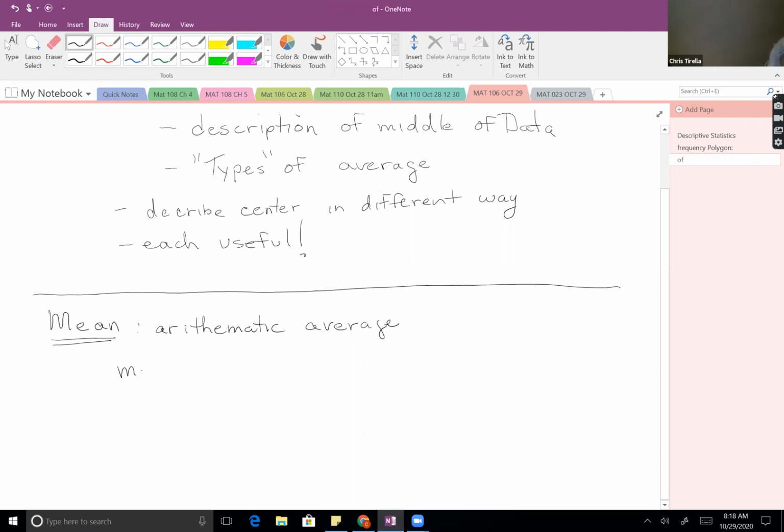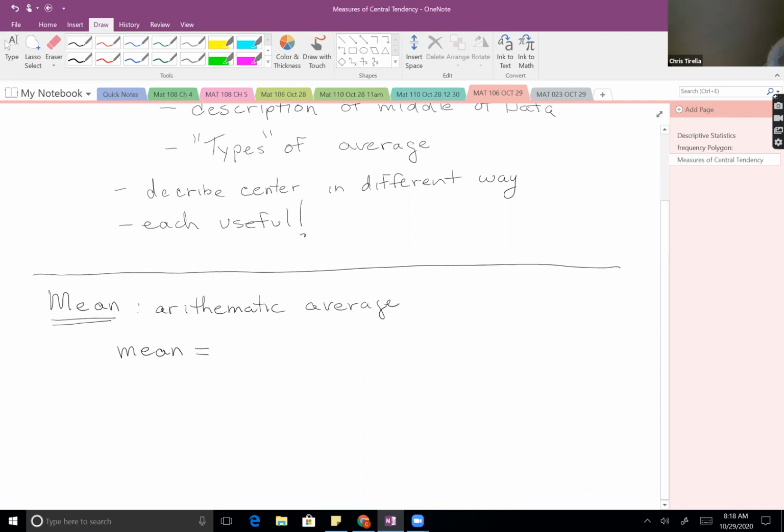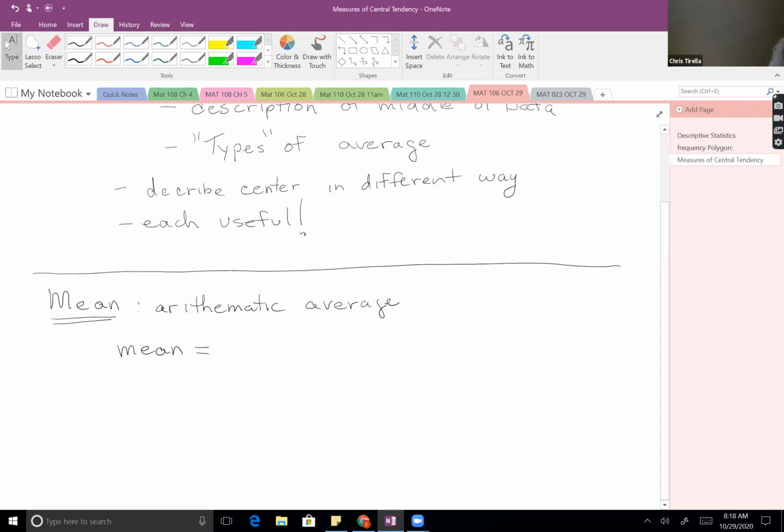In order to find the mean or the average of a set of values, what do you do? You add them all together, and then you divide by the number of numbers. So we total the values and we divide by the number of values. Beautiful.